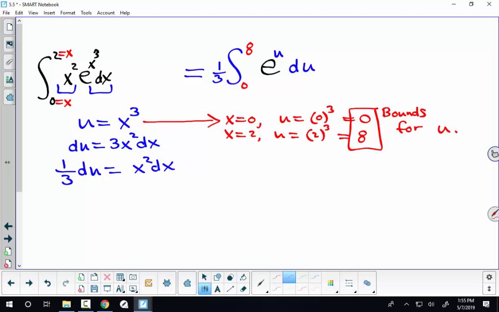Okay, so compute the antiderivative. We got our 1/3 times the antiderivative of e to the u, which is e to the u, evaluated from 0 to 8.